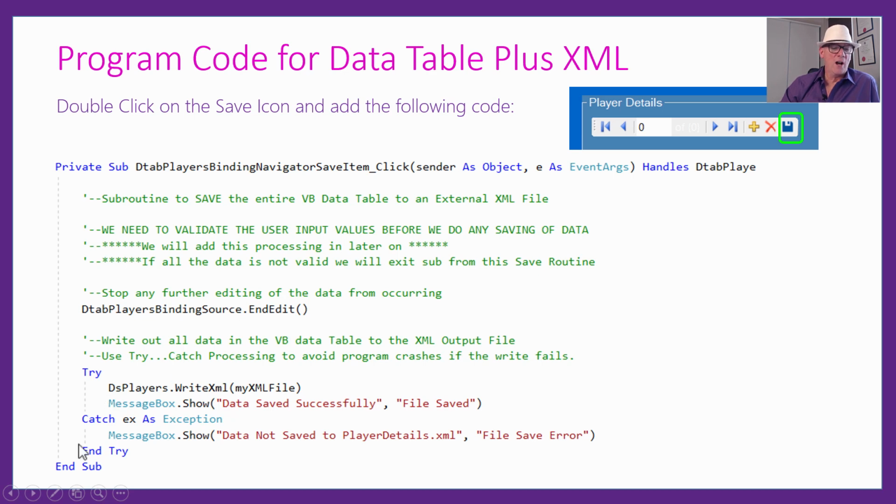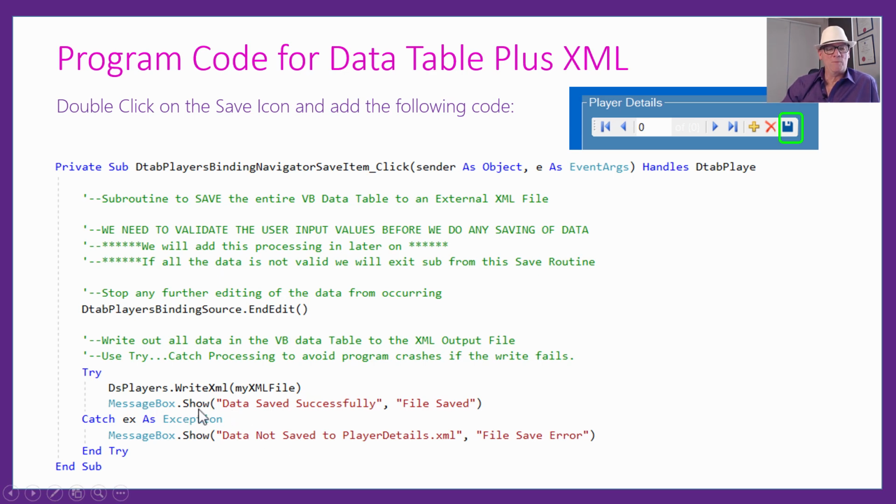And then we just have a Try, Catch, End Try, because you should always do that when you're writing a file, so you can give a message if it didn't work. And we just, again, one line. All we have to do is take everything that's in our DS players and bang, put it out into the XML file. Visual Basic's going to organize all the tags, all the formatting for us, everything, and we can just do it with one line of code. Hallelujah, I love VB.NET and object-oriented programming.